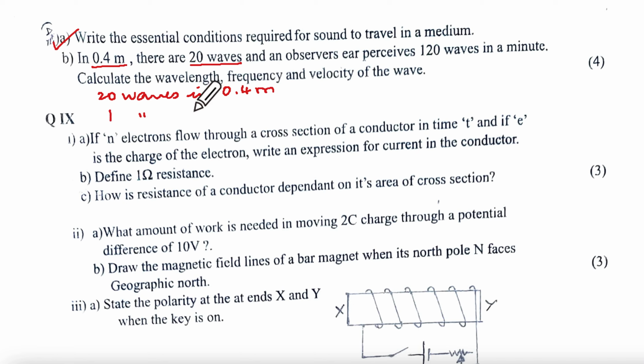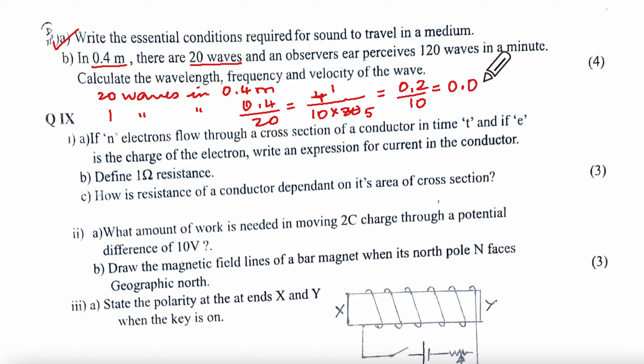So one wave in 0.4 upon 20, means how much? 4 upon 10 into 20. So 4 ones and 4 fives. This will be 0.2 upon 10, which means 0.02 meter. One wave in this. Therefore, the wavelength is 0.02 meter.